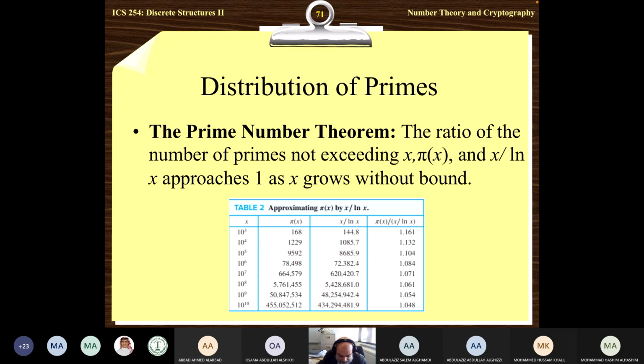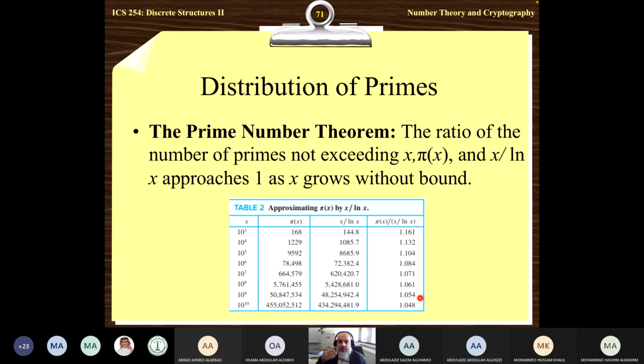If you go down to 10 to the power 10, look at these two numbers: 455 million, and x over ln x is 434 million plus. It is off by 4.8%.